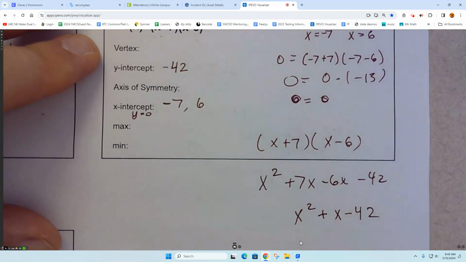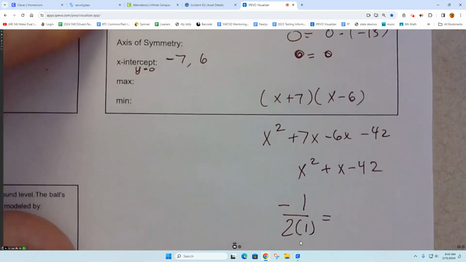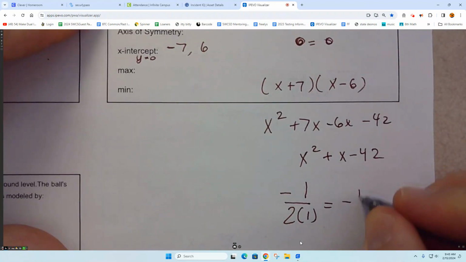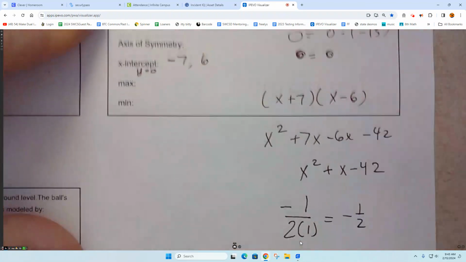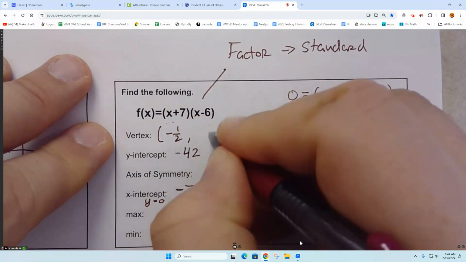How do I find my vertex? -b over 2a. -1/2 is the first part of my vertex. And then I got to find the other part.